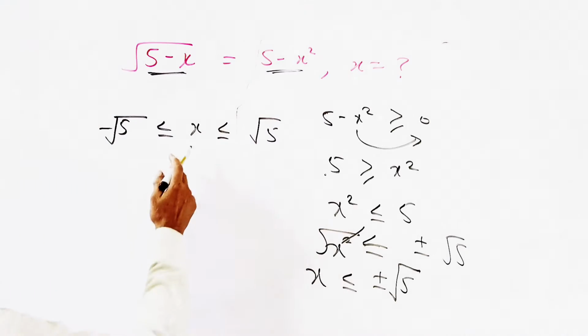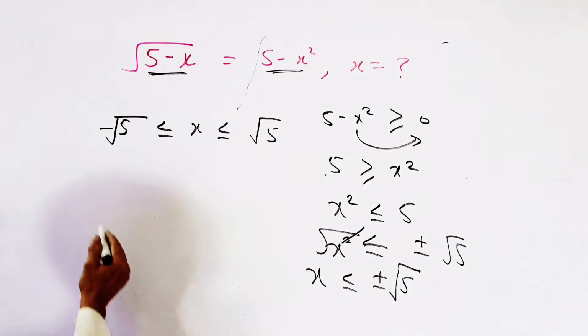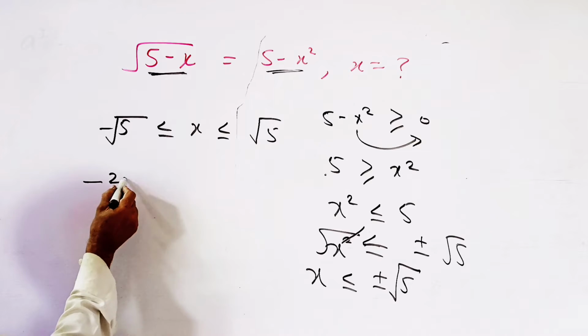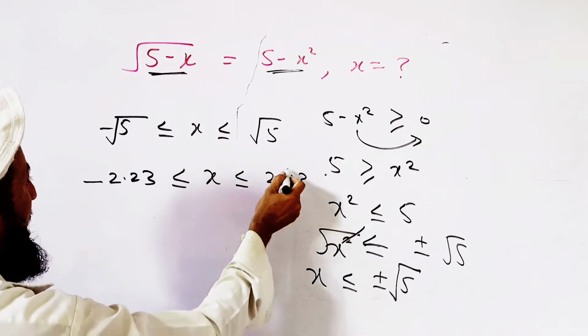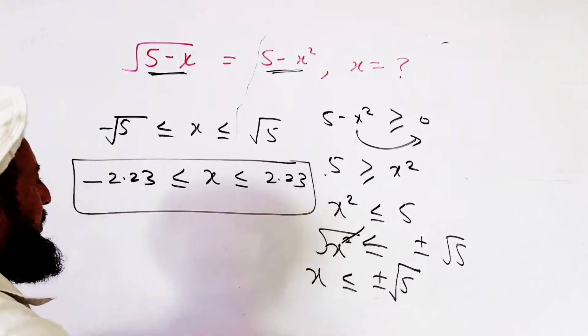It means the x value lies in this range. If we calculate the square root further, we get about 2.23. This is the range of x.